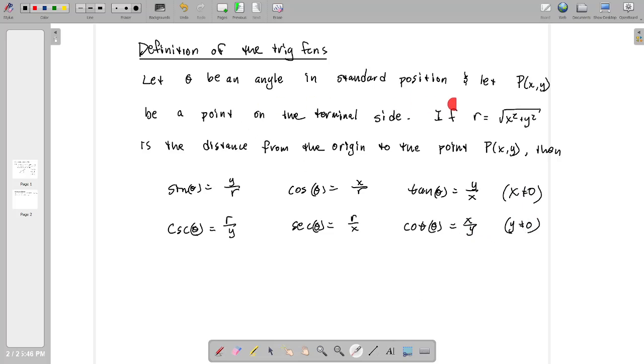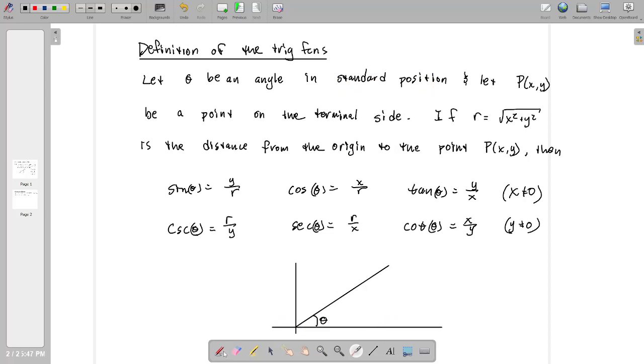Now, let me explain this a little bit, as it might be worded a little unusually. Suppose that we have our xy plane here. If we extend out our terminal side, of course, our initial side is on the positive x-axis. As we said, the angle is in standard position. A requirement to be in standard position means that the initial side of the angle is on top of the positive x-axis.